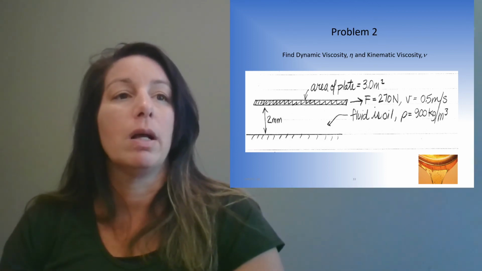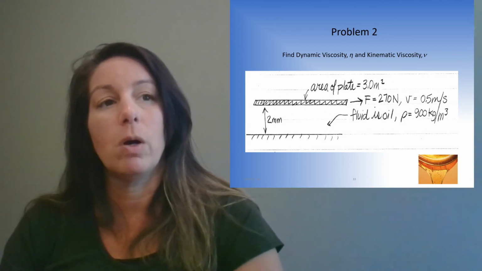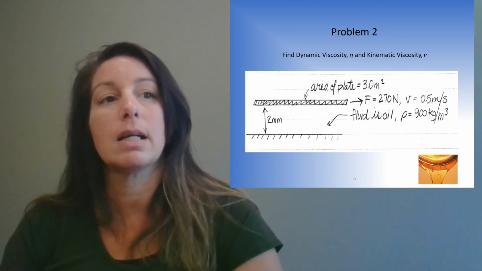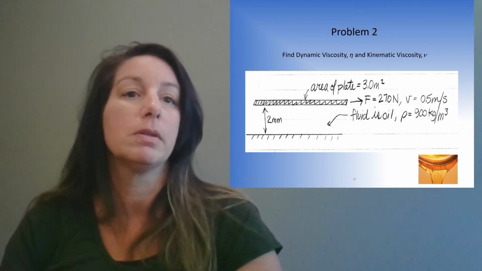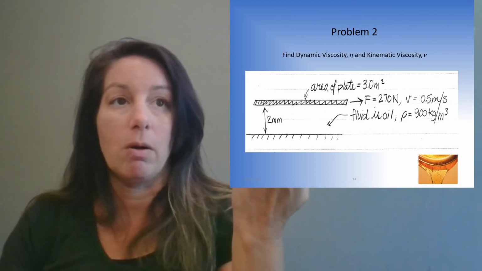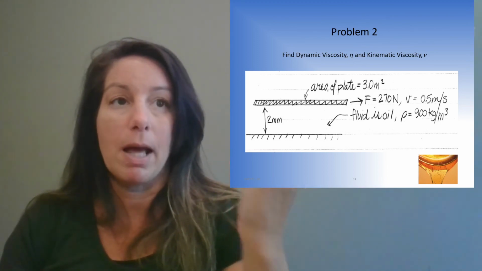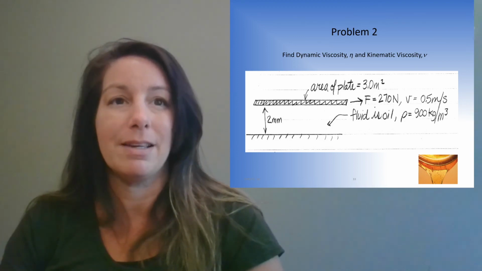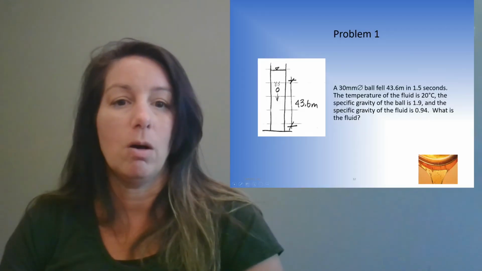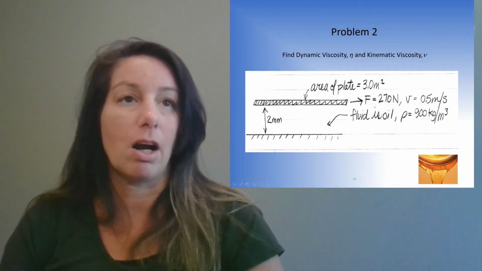The fluid is oil, so its density rho is 90 kilograms per cubic meter. Just try to find the dynamic and the kinematic viscosity. Easy peasy, fresh and breezy. Oh, just 2. Yay, you guys got off easy.